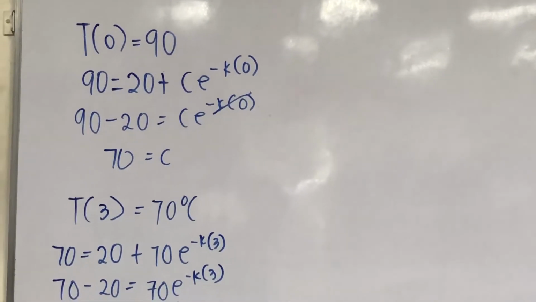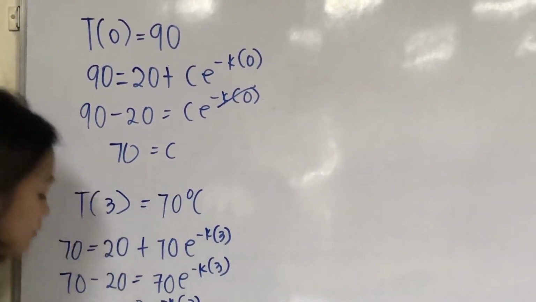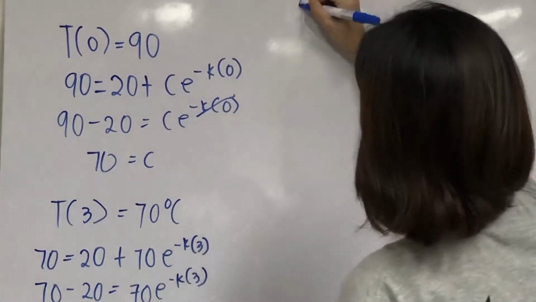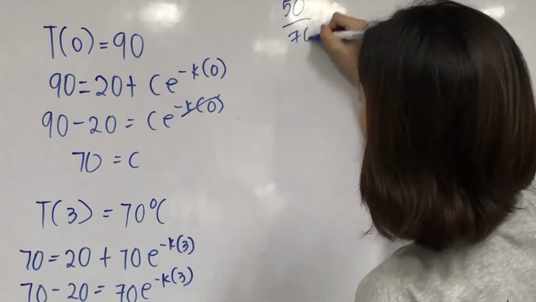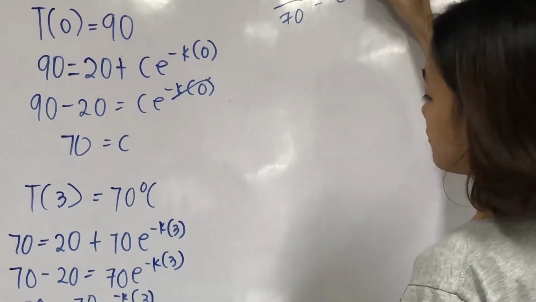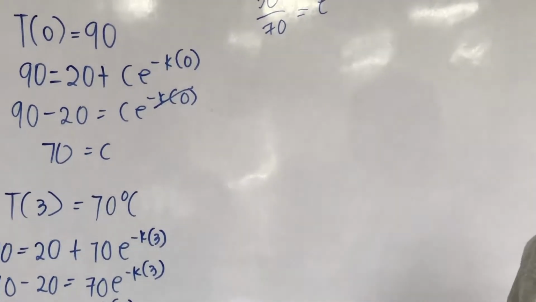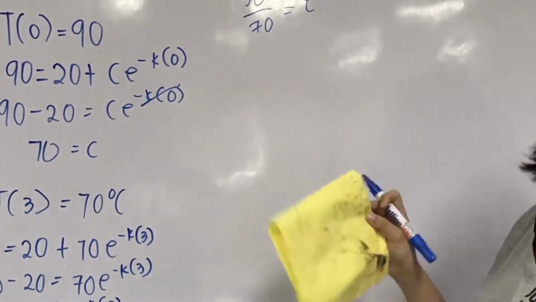We will divide both sides by 70. Then we take the natural logarithm of both sides.